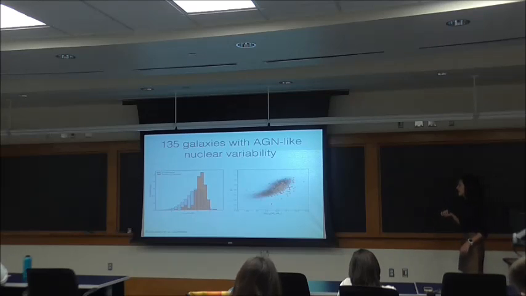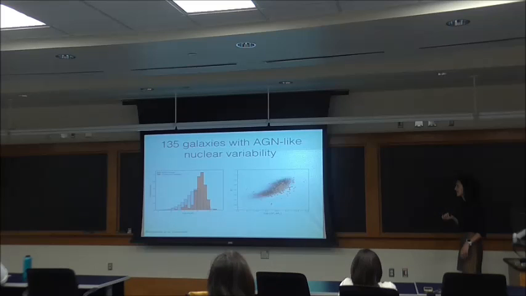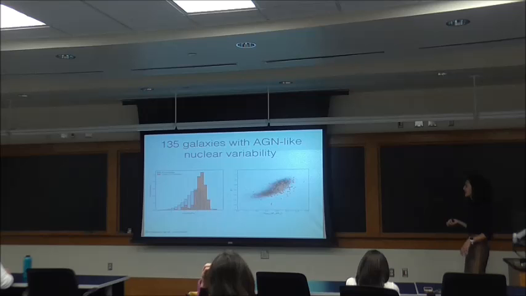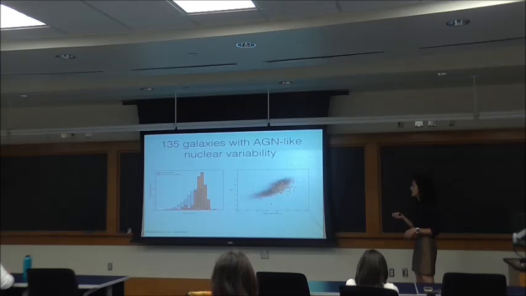Okay, so in the end, out of this 28,000 galaxies, we find 135 that have AGN-like nuclear variability. This is just showing the breakdown in terms of stellar mass. The gray histogram is the full NASA Sloan Atlas sample of 28,000, and then the orange is our variable AGN.